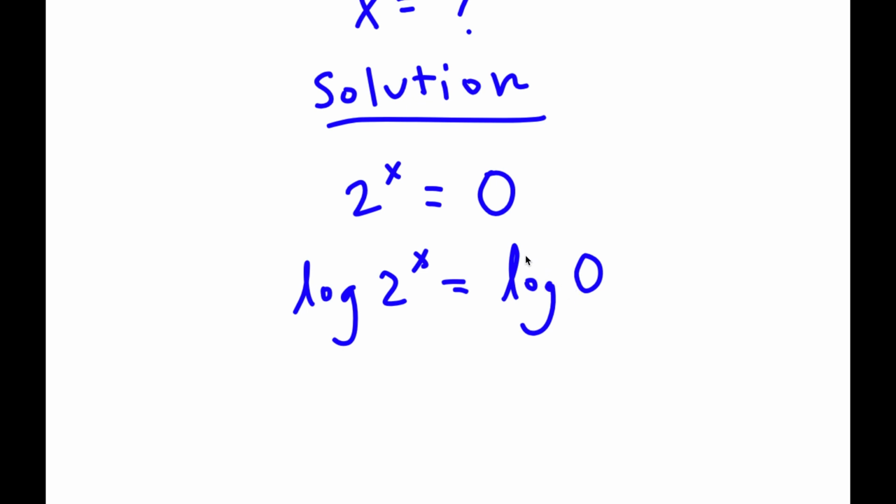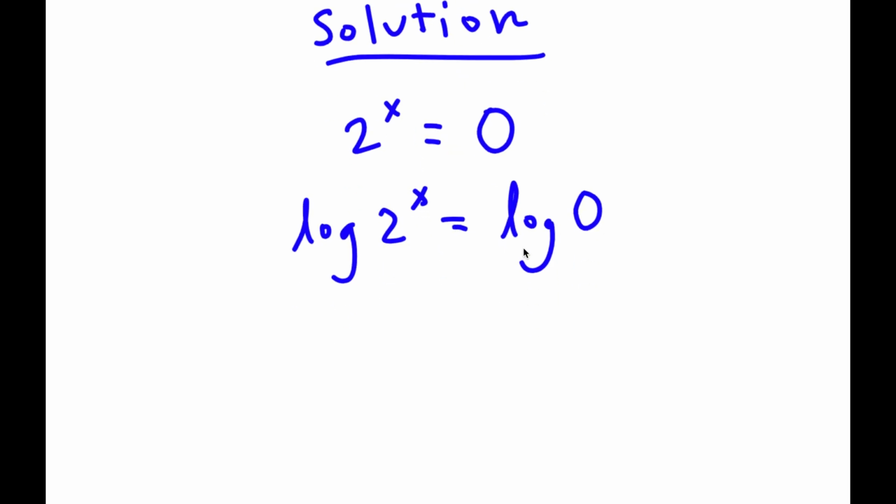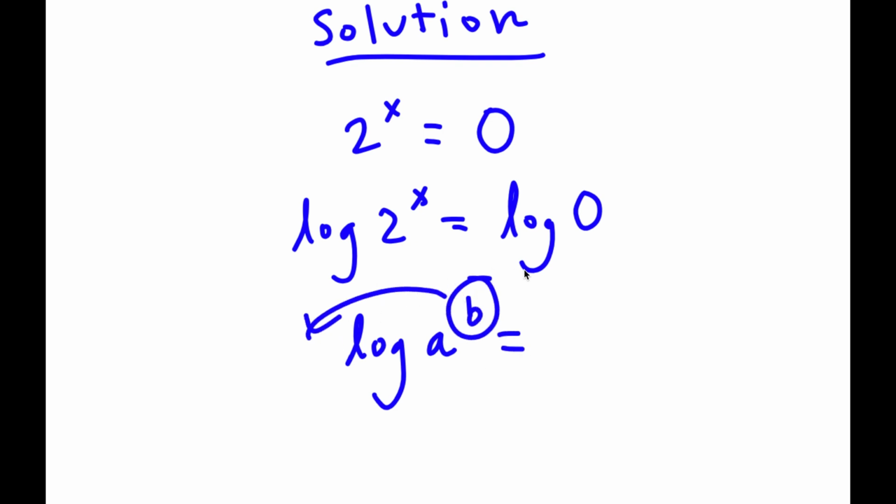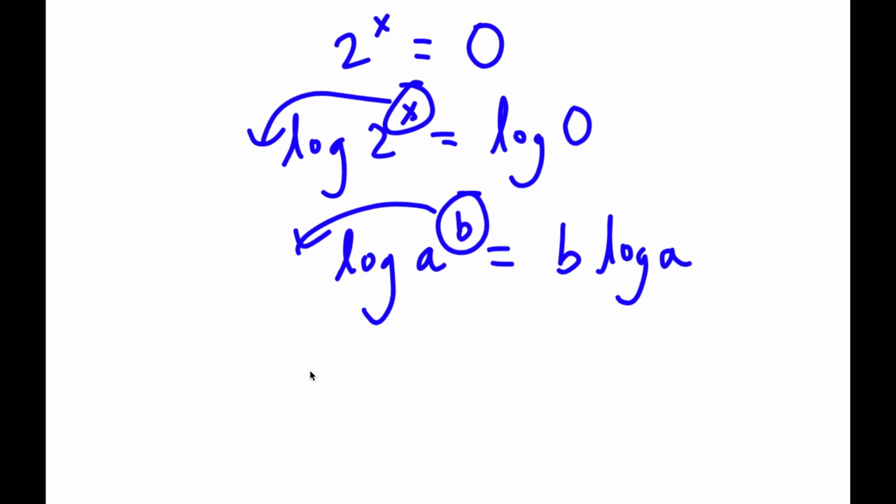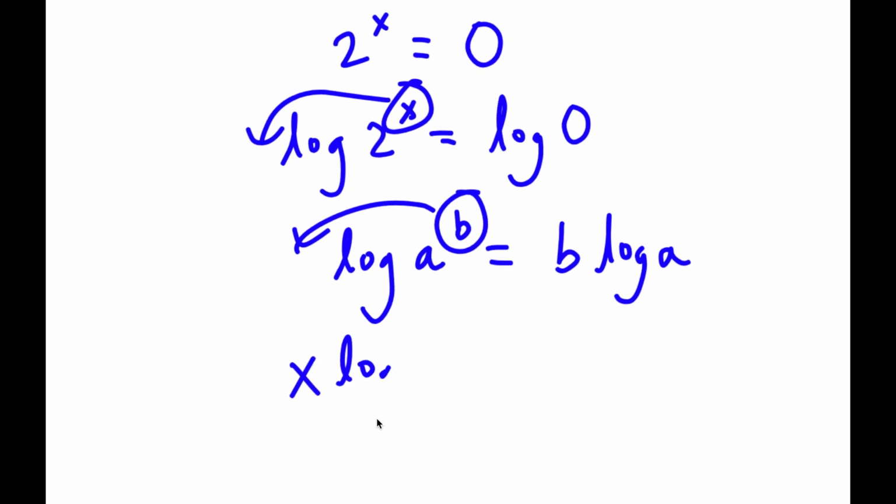Now, if I have something in the form log a to the power of b, then I can actually move this exponent b to the front. So this would equal b times log a. So in this case, I have log 2 to the power of x, and I can move x to the front. So it's going to equal x times log 2, which is equal to log 0.